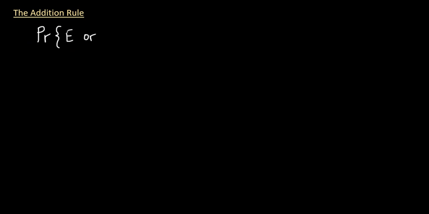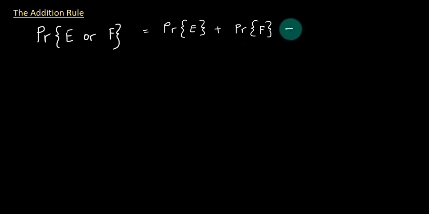So the probability of E or F, being general here, is the probability of E plus the probability of F. But if there was any potential double count, we need to account for that by subtracting that intersection probability of E and F. So this was very much like the queen or spades example.